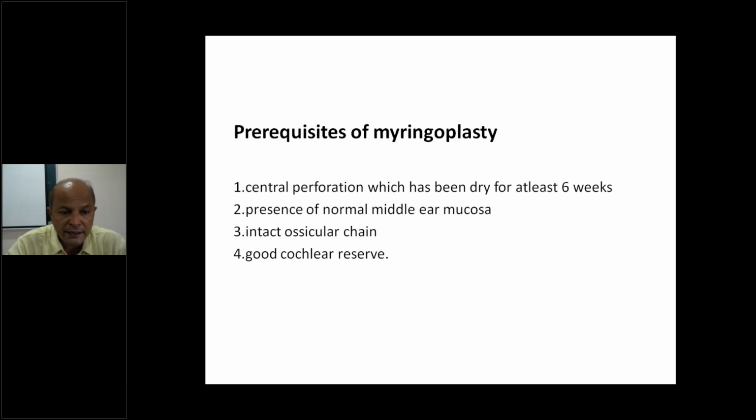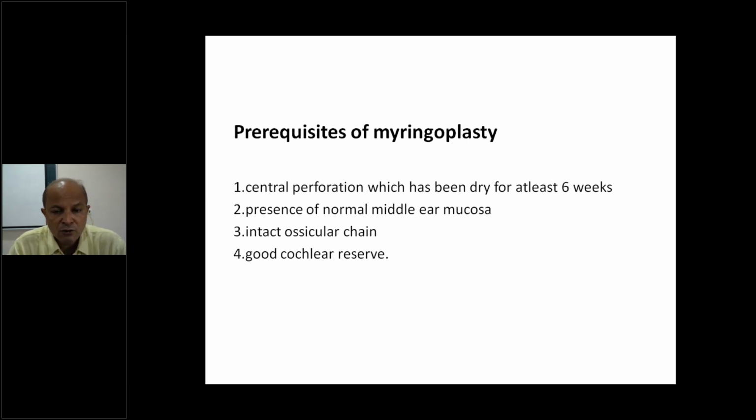Now, intact ossicular chain is difficult to see if the perforation is small, but you can do a simple test known as the patch test. Here you do an audiogram first, then you patch the small perforation and repeat the audiogram.